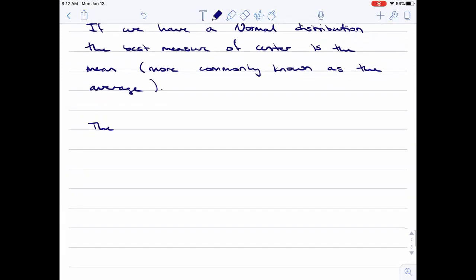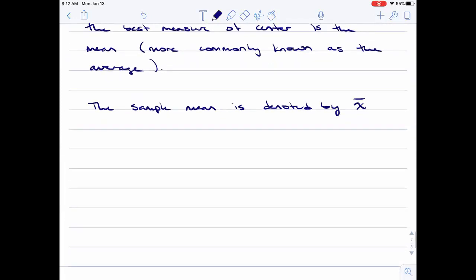First we'll say that the sample mean is denoted by a lowercase x with a bar over it, and we can just read it as x bar.